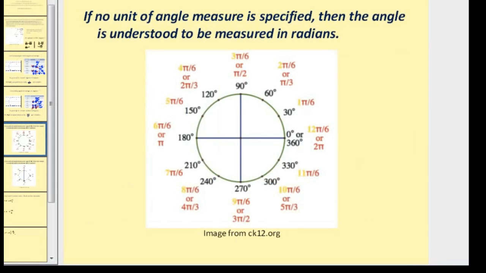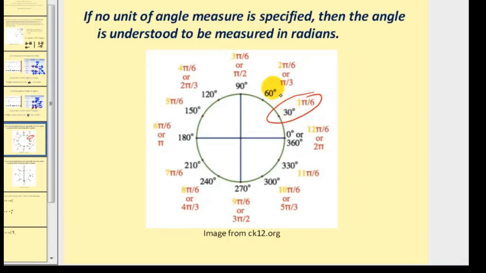When you're first learning to work with radians, one thing that can be very helpful is to remember two key angles in radian measure. The first one is 30 degrees is equal to pi over 6. The reason that's important is because if we have an angle that's a multiple of 30 degrees, it's going to be a multiple of pi over 6.